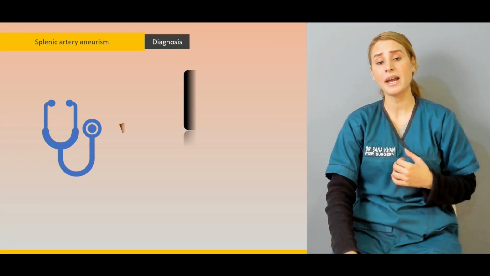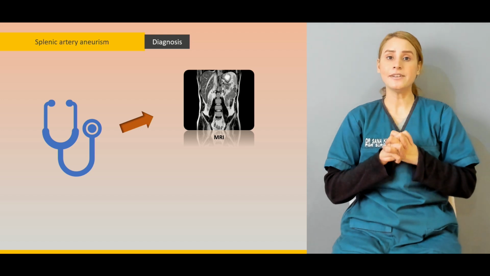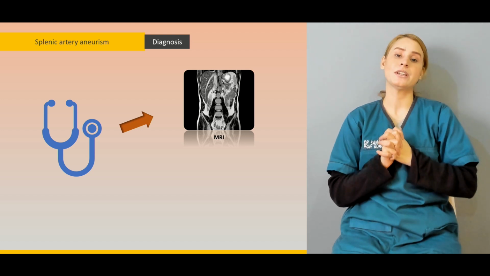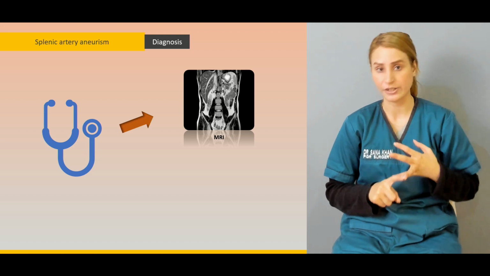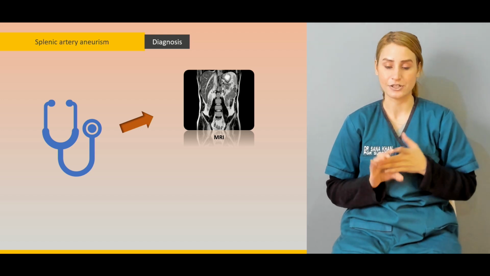Now, talking about the diagnosis, if you are suspecting a splenic artery aneurysm, you always start from the history and the clinical examination, and you end up with particular investigations.